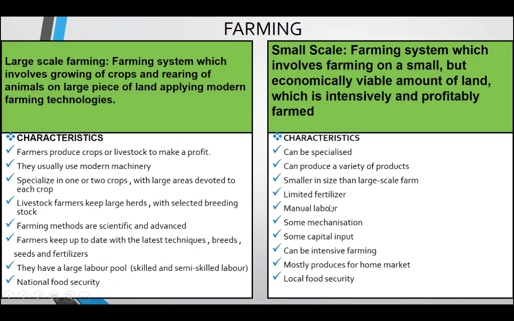So food security will vary from area to area, from a person to a person. We can look at a person who is food secure, a person who is food insecure, a community that is food secure, a community that is food insecure. We can also look at a province that is food secure.